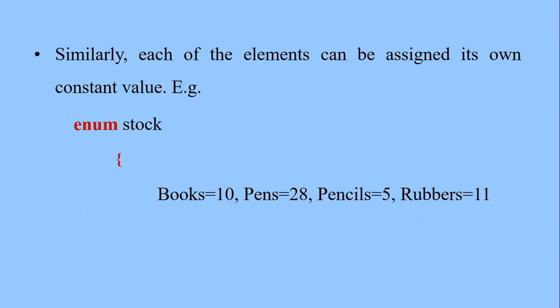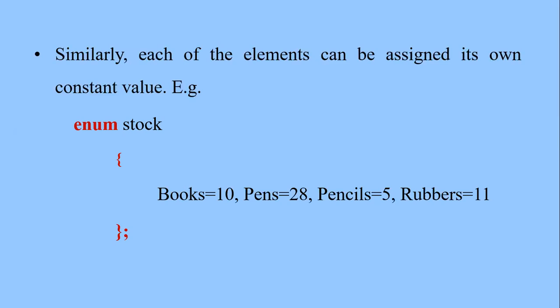So, my dear students and the rest of the learners, note, if you assign a value to the first element, for example, 10 to books, and you don't assign anything to pens, pencils, and rubbers, the values represented by pens, pencils and rubbers will be an increment of 1 from the previous element.